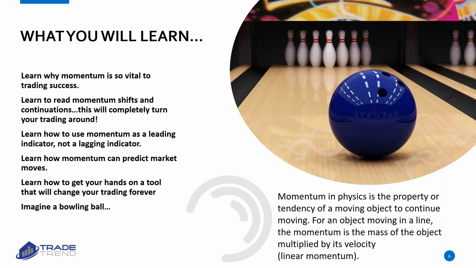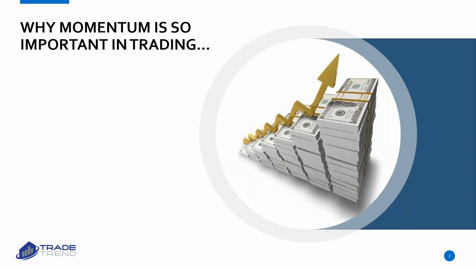With the bowling ball, the force of our arm and the release of the ball from our fingers results in the ball moving forward. With the markets, supply and demand drive momentum. If we can figure out the shifts in supply and demand, we can actually predict momentum movements and continuations, shifts and continuations.